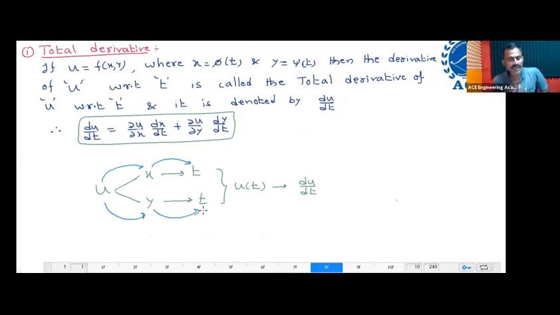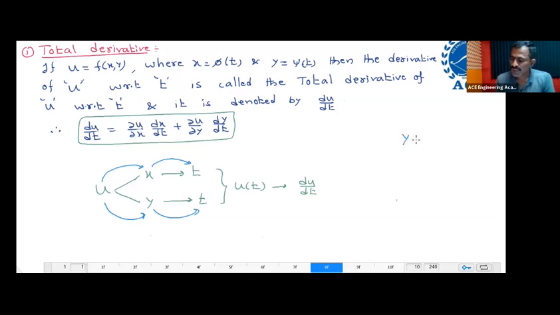In the same way, we write the derivatives. U to x, one derivative, x to t, one derivative. Right? Now, first u to x. And remember one thing: in the very first class of the differential equation topic, I already told you that there are two types of derivatives. One is ordinary derivative, the other one is partial derivative. The ordinary or partial depends on the function of independent variables only.